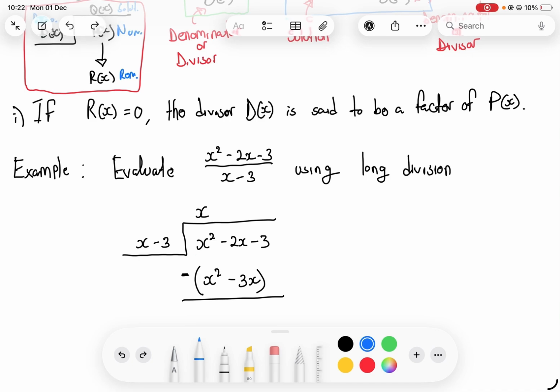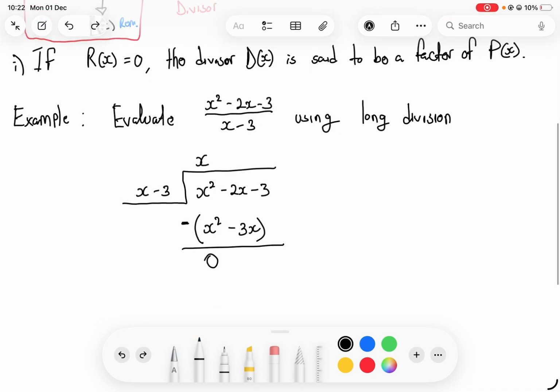I'll therefore have 0. Then I'll have minus 2x minus 3x, which means now I'll have minus 2x plus 3x, which means I'll have x. Then if you take a look here, minus 3 is the only constant.